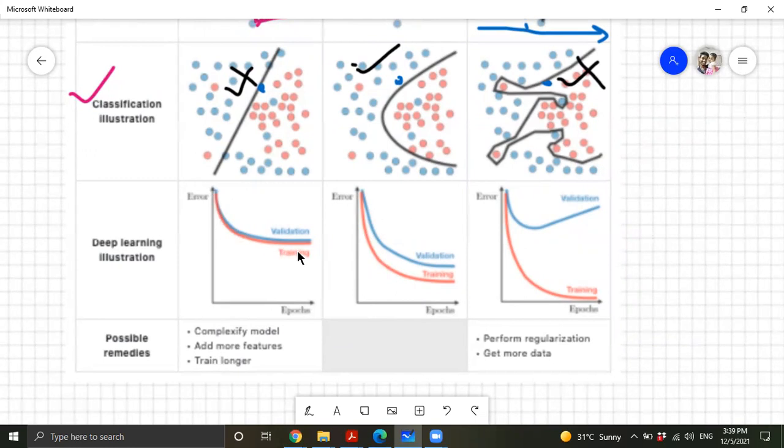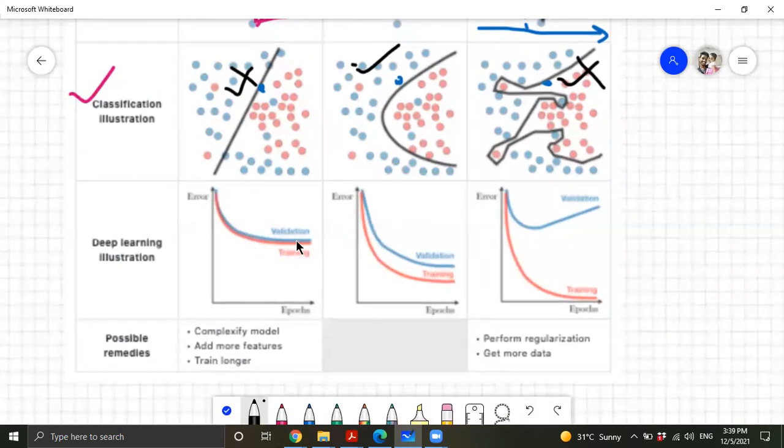Your training and validation error will be decreasing. So in underfitting, yeah, it's decreasing, but it stays at a higher point. It does not keep decreasing. Also we can increase the epochs, but because of the layers also, even if we increase the epochs, it may not decrease. That kind of situation is underfitting.